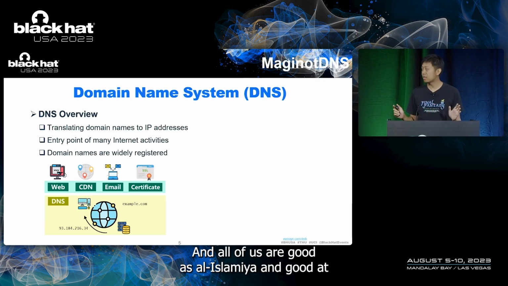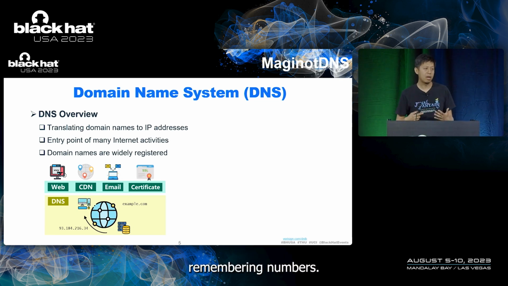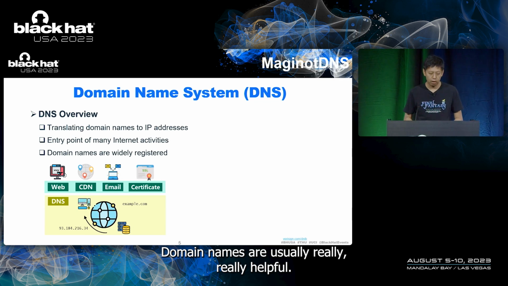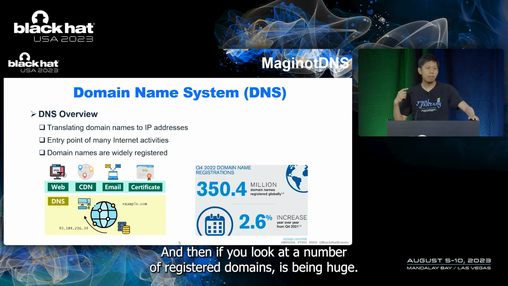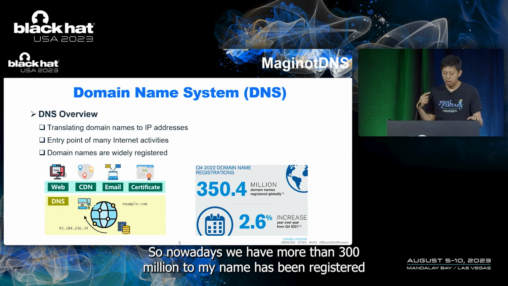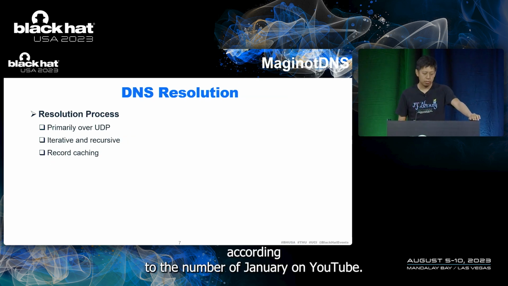None of us, at least not me, are good at remembering numbers, so domain names are really helpful. So it has become the entry point of many internet activities, and if we look at the number of registered domains, it's huge. Nowadays we have more than 300 million domain names registered, according to the numbers of 2022.